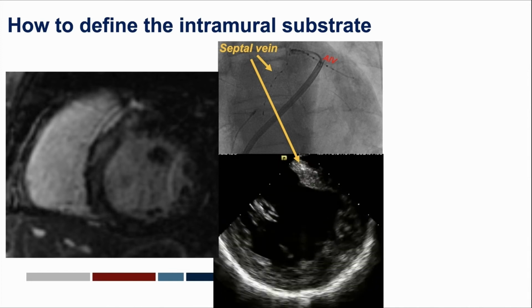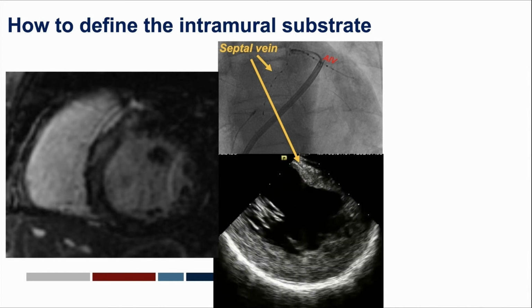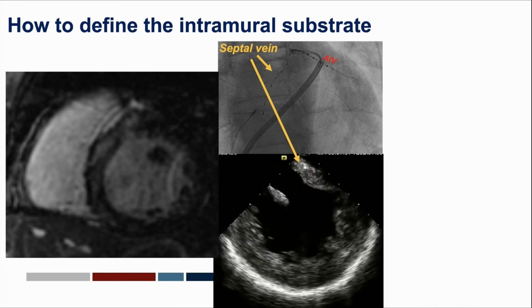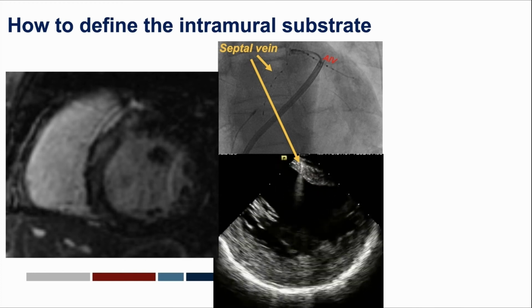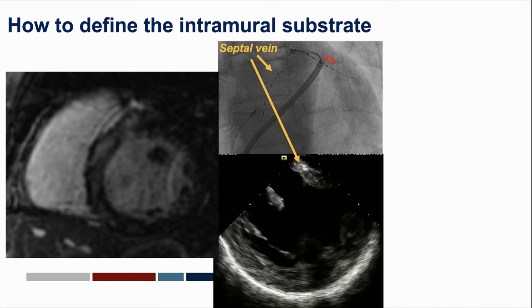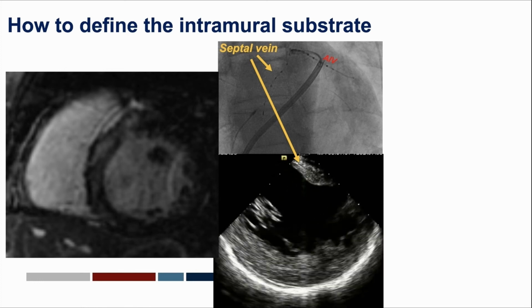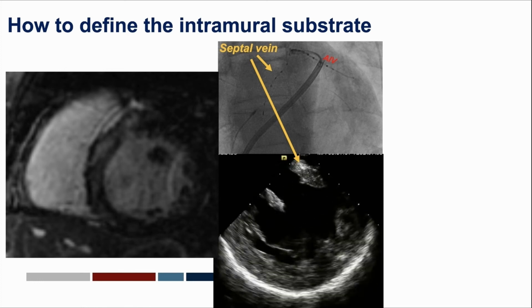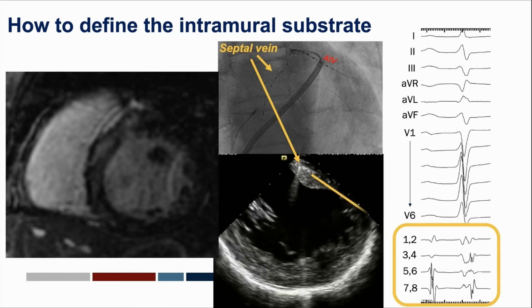We can identify in the lab on intracardiac echo, not only with fluoroscopy, but with our eyes, the location of that catheter. And you can clearly see here, this catheter is located in the septum. That would be the area of the delayed enhancement.